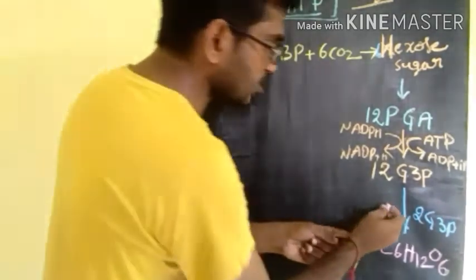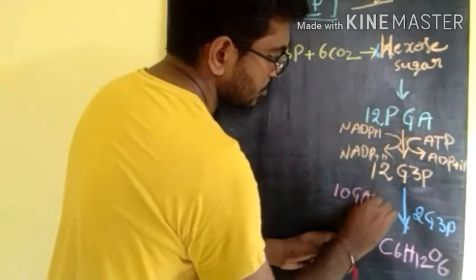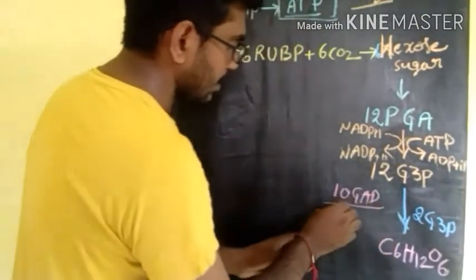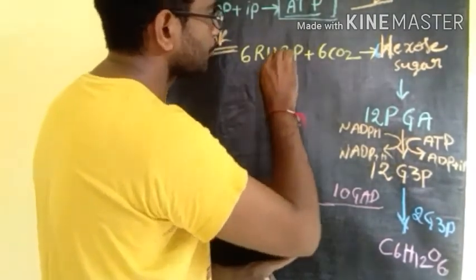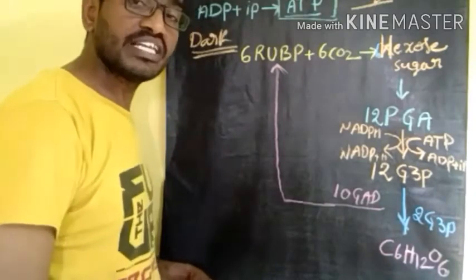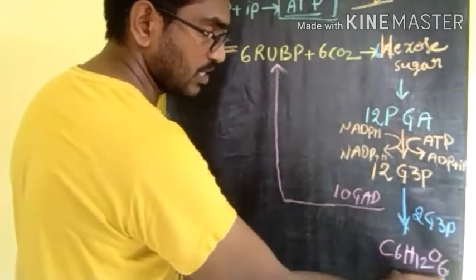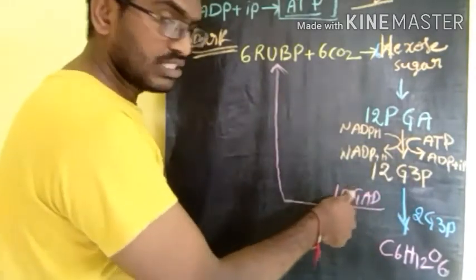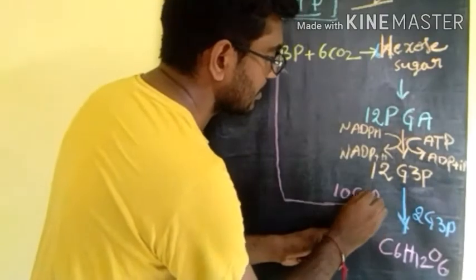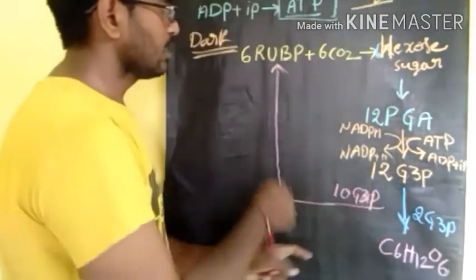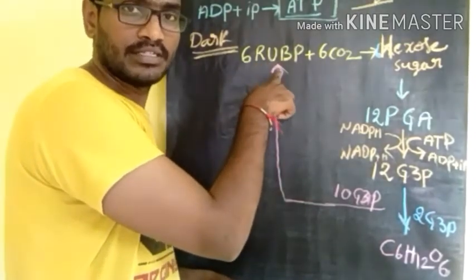These 10 GAP again help in the regeneration of RUBP.